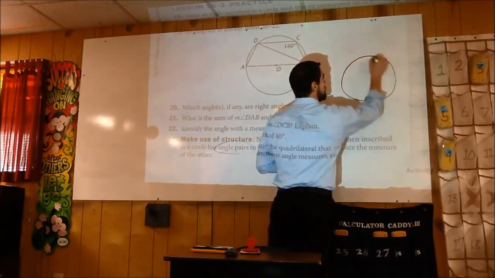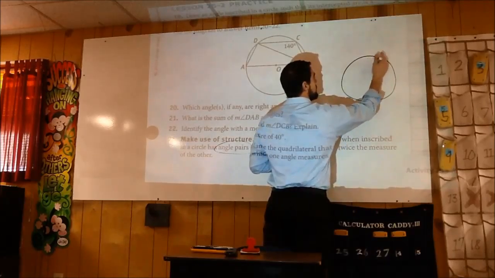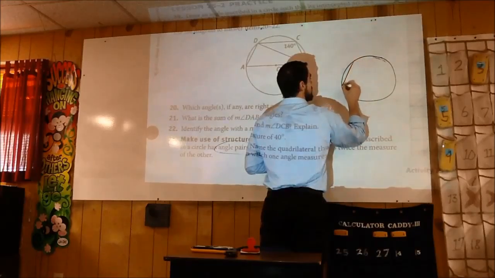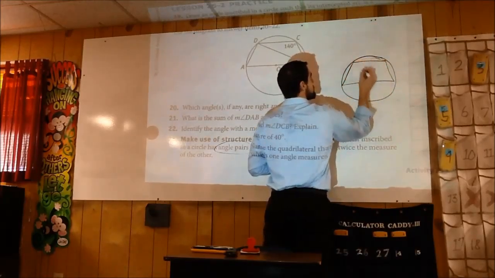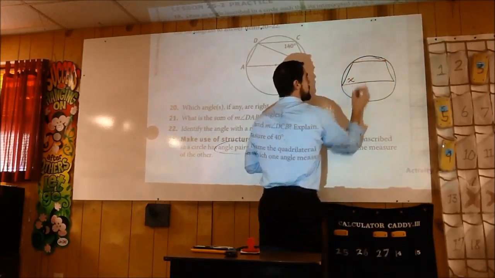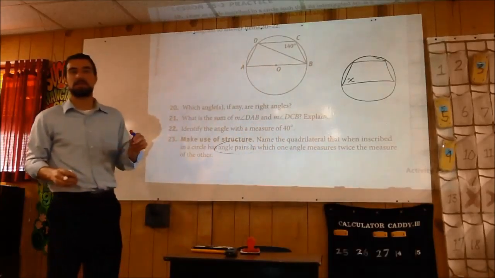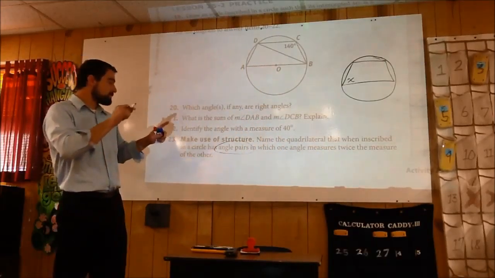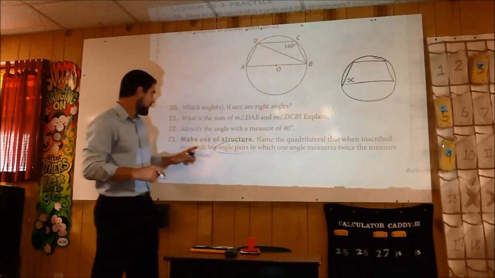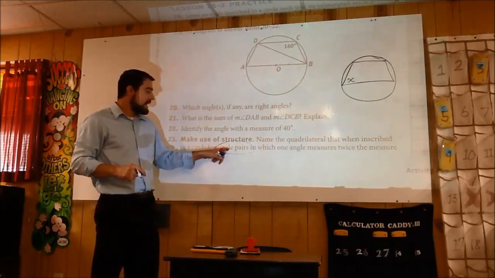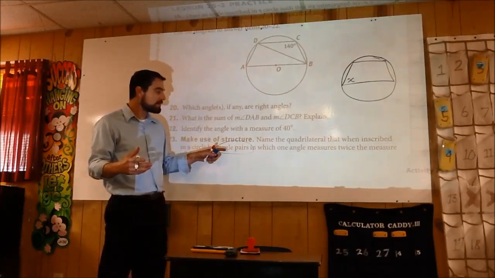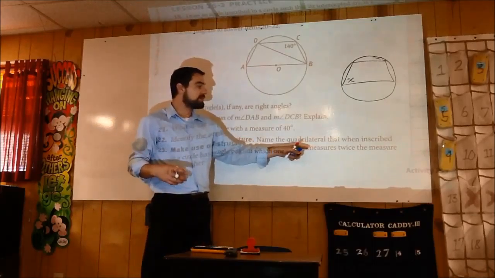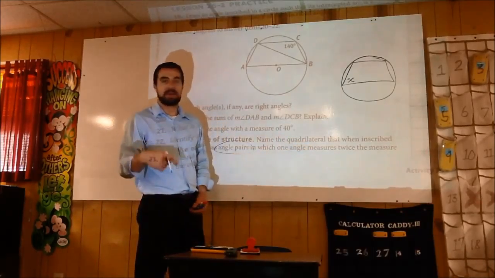So we have a circle. We've got an inscribed quadrilateral. And apparently, there's one angle x, and an angle pair where one angle is twice the measure of the other one.